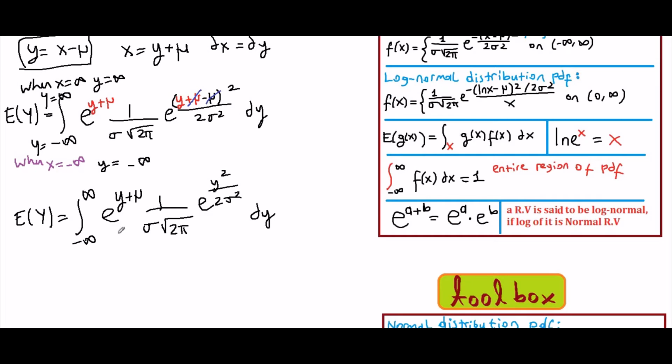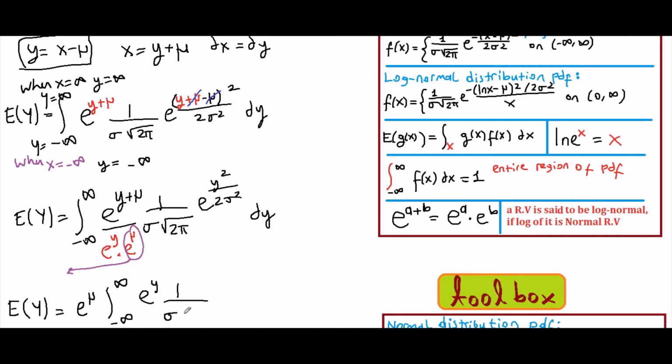Here we can separate the powers of e using the exponential rules as e to the y times e to the mu, and we can pull e to the mu in front of the integral sign because it's just a constant and not depending on y. So what we have is e to the mu times the integral from negative infinity to positive infinity of e to the y times 1 over sigma times square root of 2 pi, e to the negative y squared over 2 sigma squared, dy.